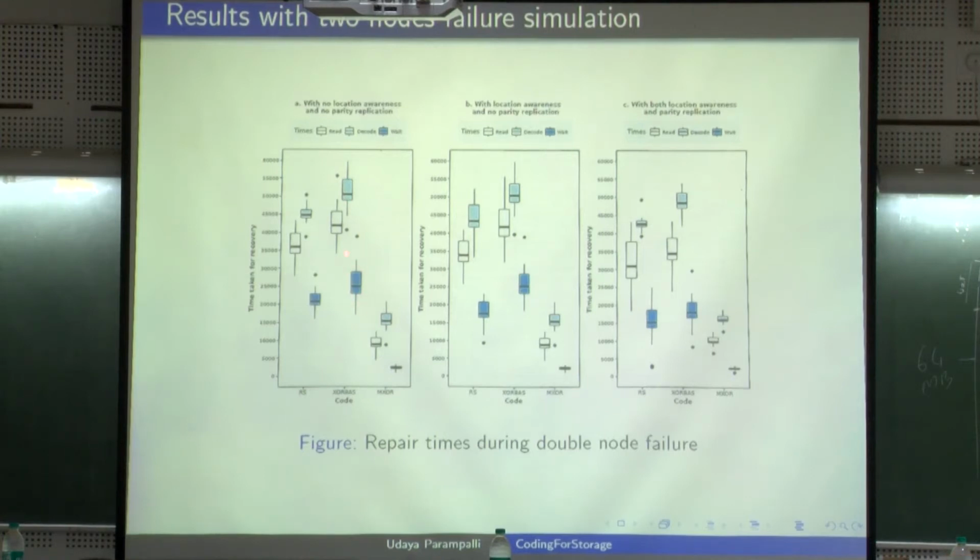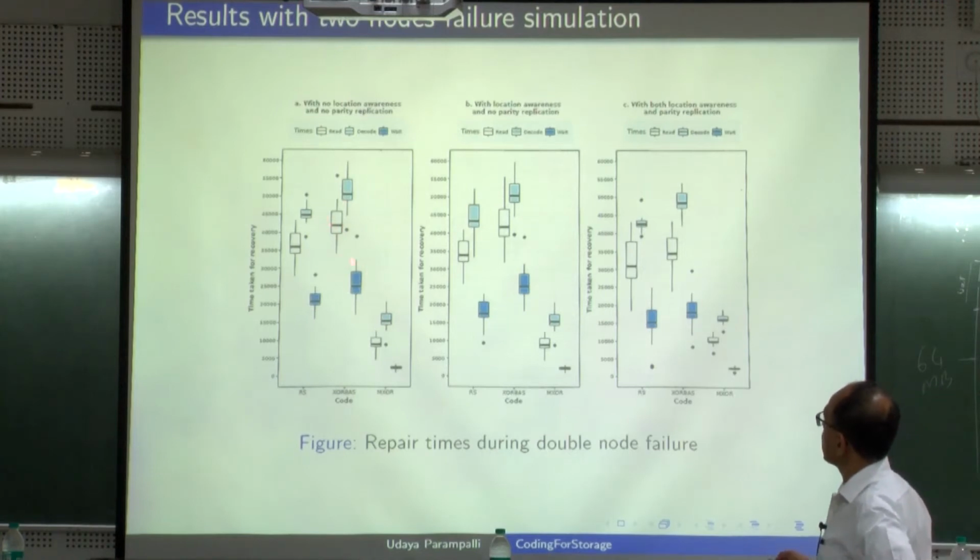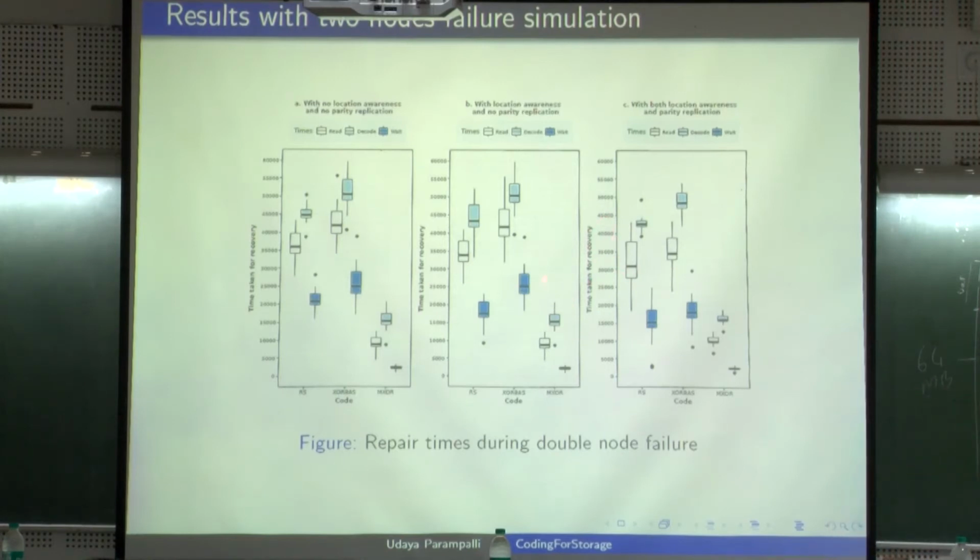Except for that, everything has gone up in this case. But MXR is consistently better than the other two. These are the repair times using double node failure, because with double node failures RS can easily handle it; RS can take up to 4 node failures.